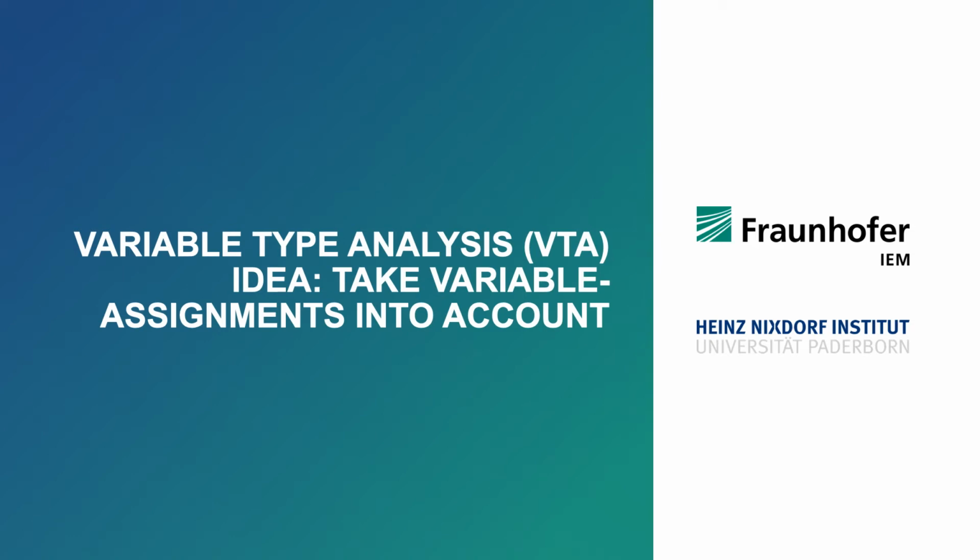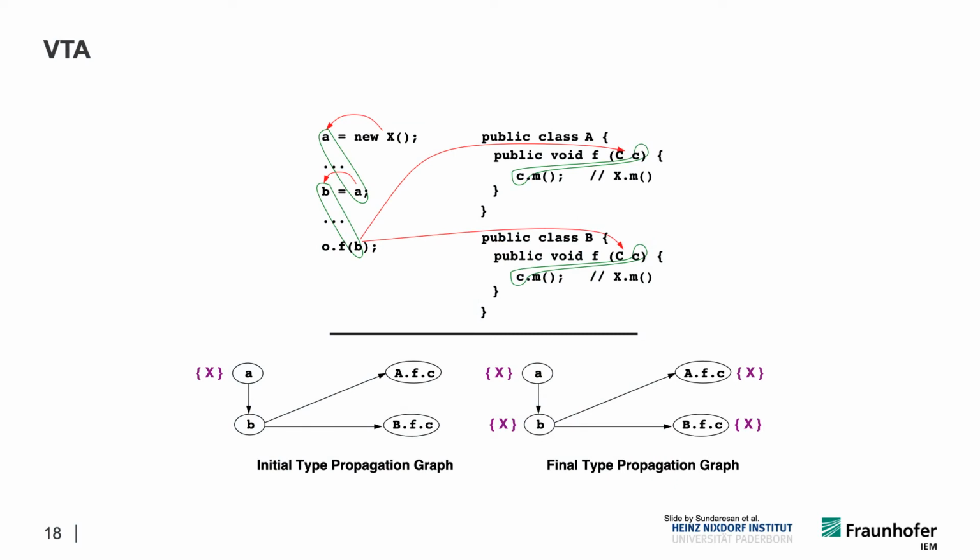So next I will talk about variable type analysis, which, like the name suggests, is looking at variables and also at assignments to variables. Let's take a look at a concrete example. Here we have an example program with these procedure calls.